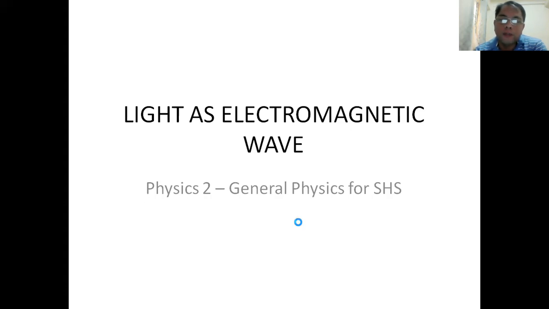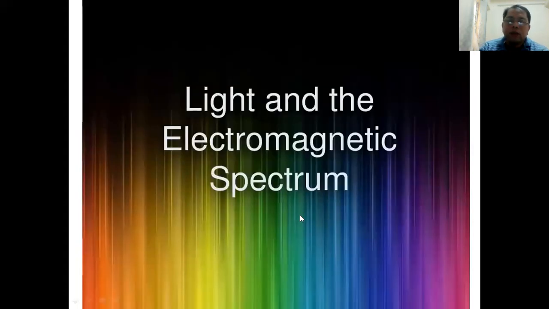And moving on, so we have this broad electromagnetic spectrum. We call it a spectrum because there are other portions of the wave that are not only light.